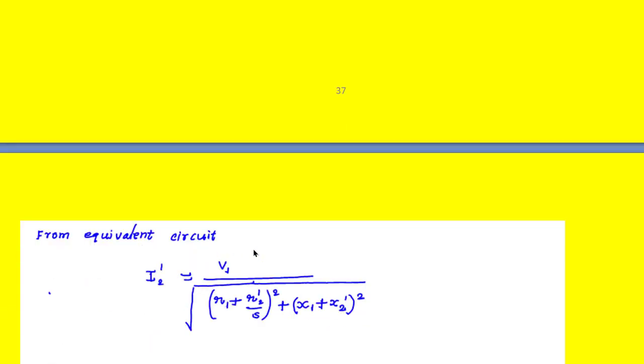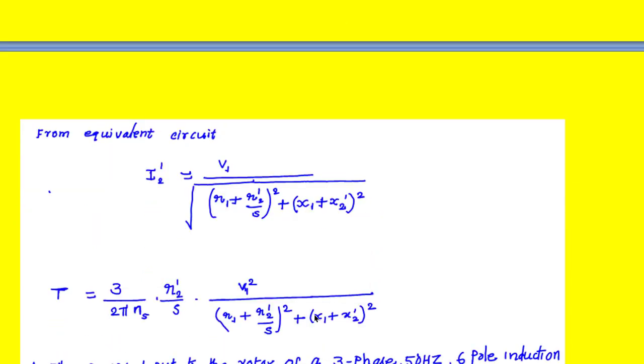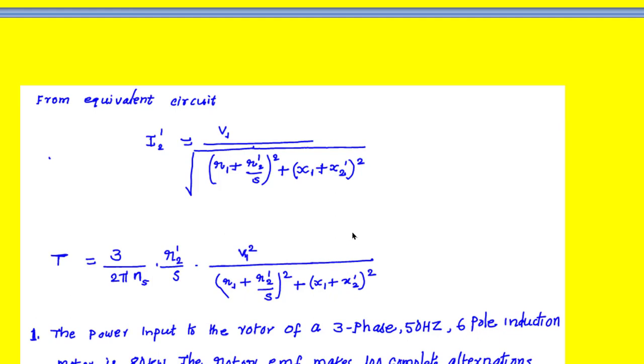Next, from the equivalent circuit we can also write the rotor current referred to the stator side, I2 dash, is equal to V1 divided by the root of R1 plus R2 dash by S whole square plus X1 plus X2 dash whole square. And then we can also write the torque equation like this. We know 3 I2 dash square R2 dash divided by 2 pi ns by S. We are replacing that I2 dash square with this.